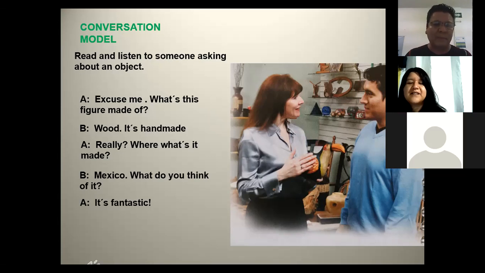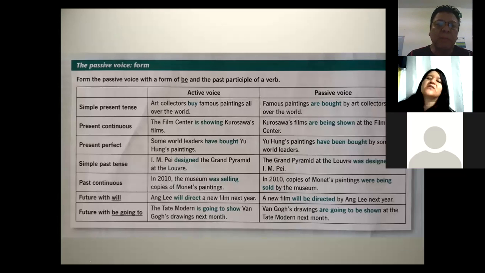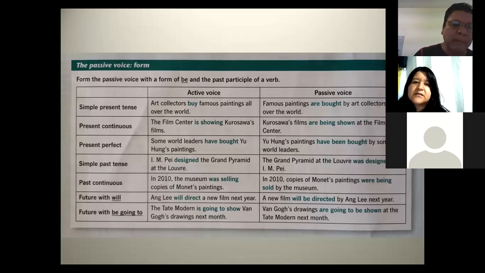Okay, you did the reading very good. Good. Let's continue. Yesterday we started with passive voice, but we have different tenses. We form the passive voice with a form of be and the past participle of a verb.